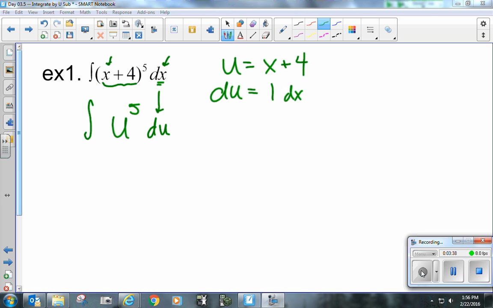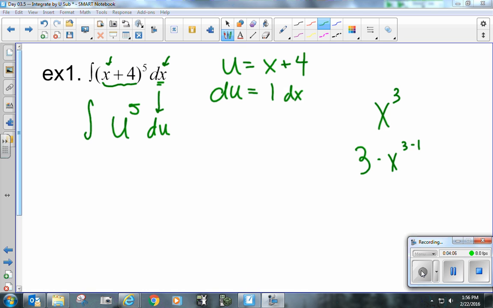Now, how do I integrate that right there? Just think of u as an x. It's just a variable. What were our rules for integration? It was the reverse math, in the reverse order, of taking a derivative. If I was taking the derivative of this, I multiply by 3 first, then I subtract 1 next.